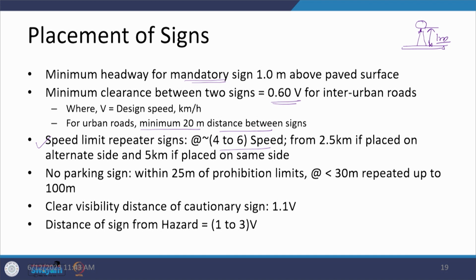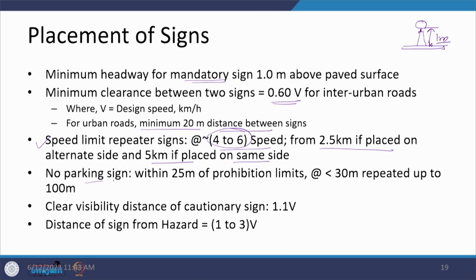So, from 250 meters before the location, it keeps repeating continuously up to 2.5 kilometers if placed on alternate sides, and up to 5 kilometers if they are placed on the same side. So, this is how it needs to be provided, and as the speed increases, this ratio of 4 to 6 keeps increasing. So, that is how you can understand how these speed limit repeater signs are provided.